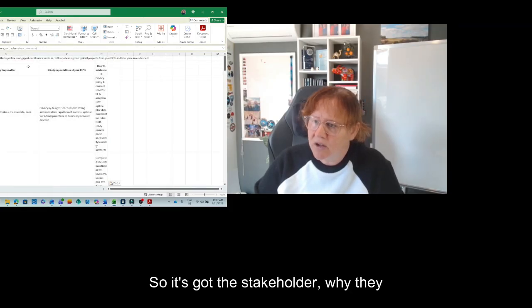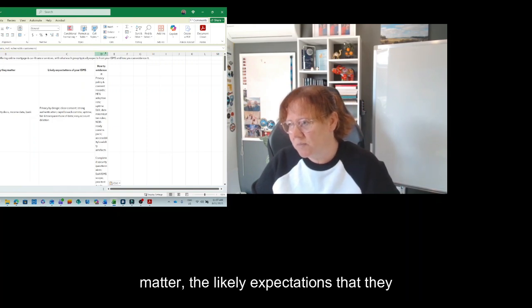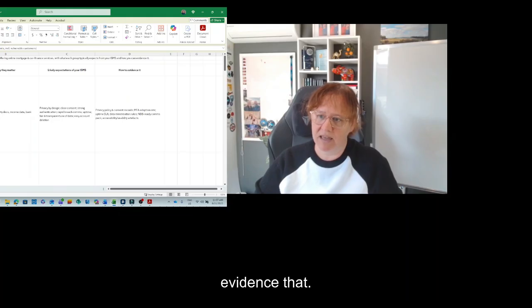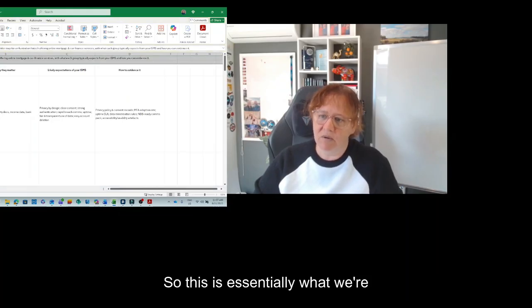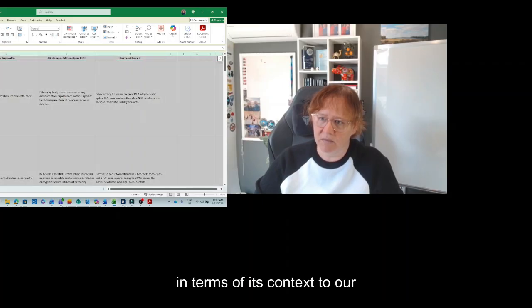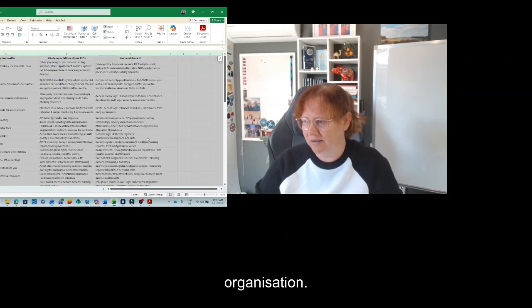Yeah, so it's got stakeholder, why they matter, the likely expectations that they have, and how we can evidence that. So this is essentially what we're working towards with our ISMS in terms of its context to our organisation.